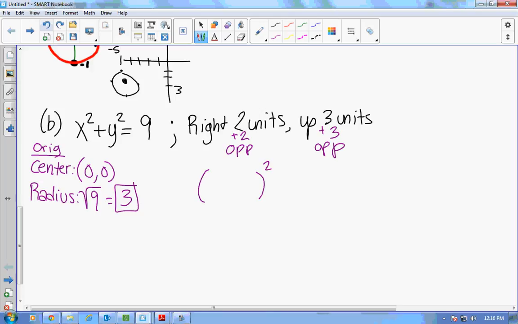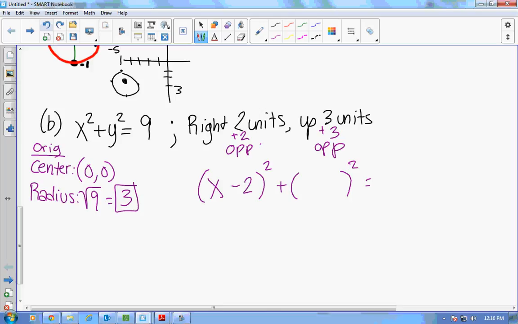There's going to be something squared plus something squared equals a radius squared. Who can tell me what goes in the first parenthesis? The x is your right and left. It is plus 2, but we say opposite, so we do minus 2, and that needs to be squared.